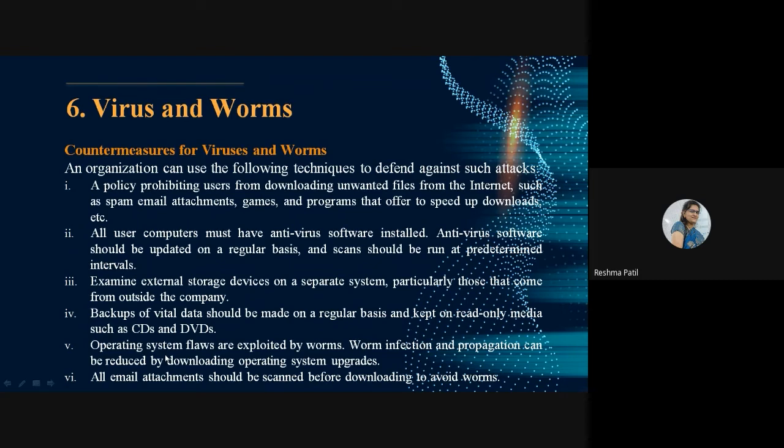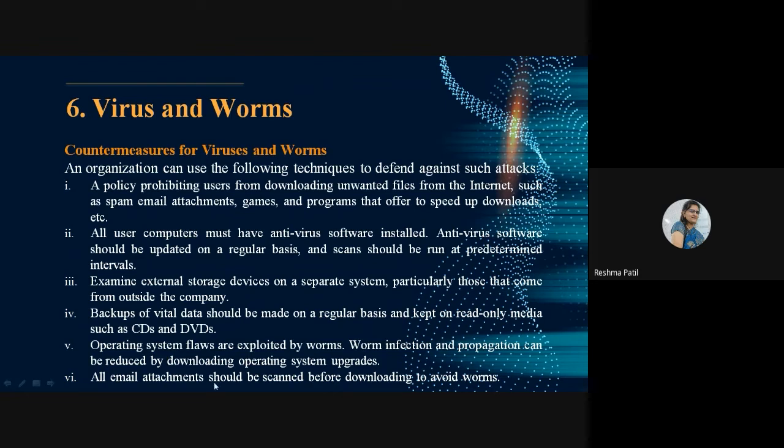If flaws are there, from time to time the operating system owner will send you installation patches. Time to time updates are given, so update it. Otherwise, your system can be infected by worms because of that vulnerability.